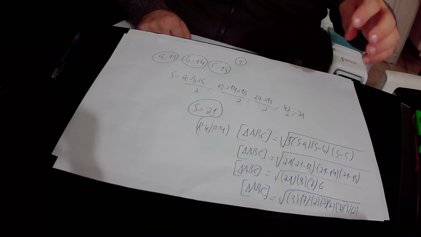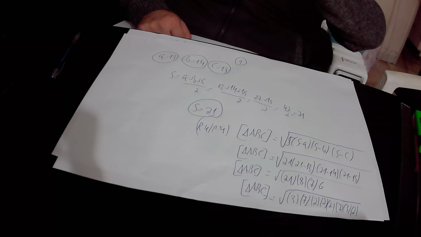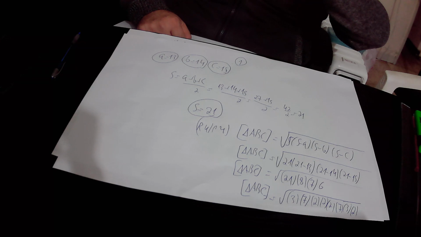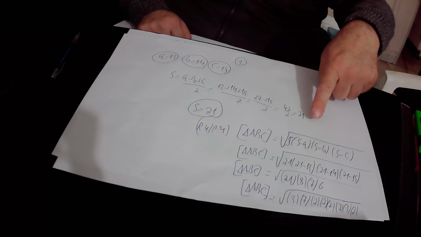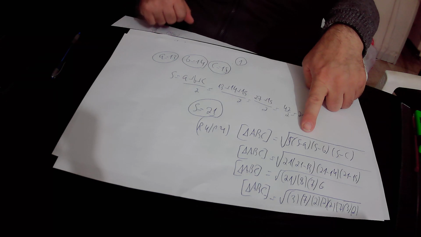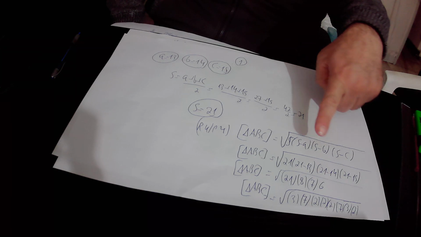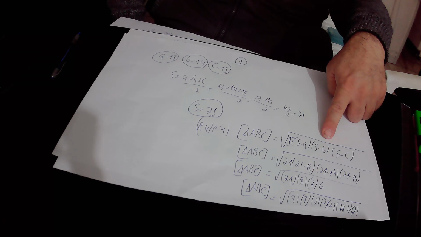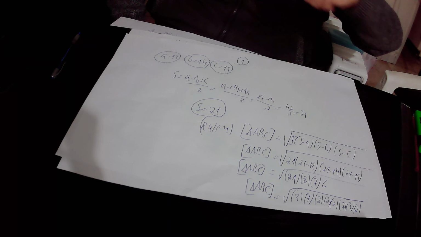So the area of triangle ABC must equal the square root of S, which is 21, times S minus A, S minus B, and S minus C.